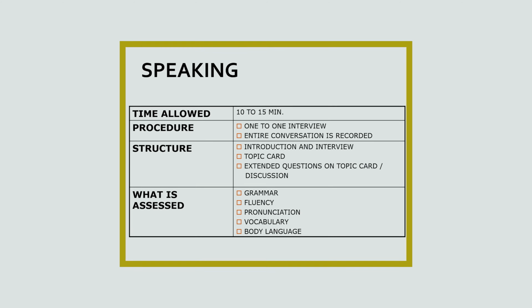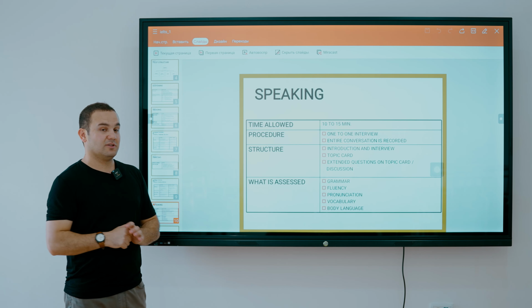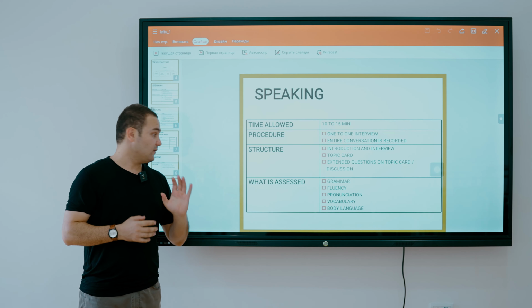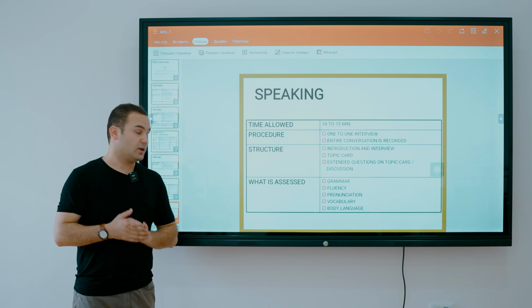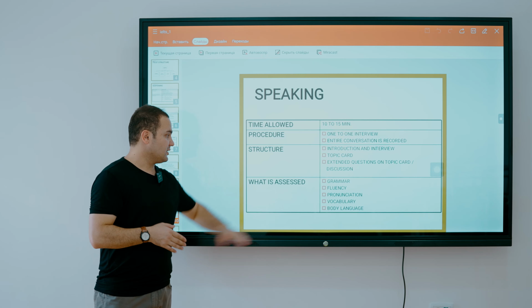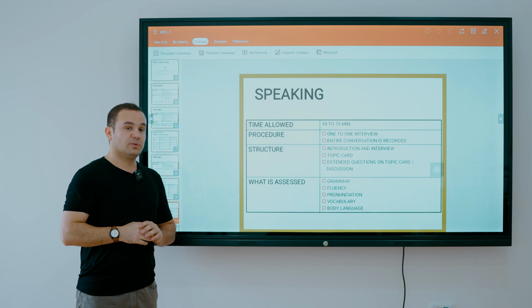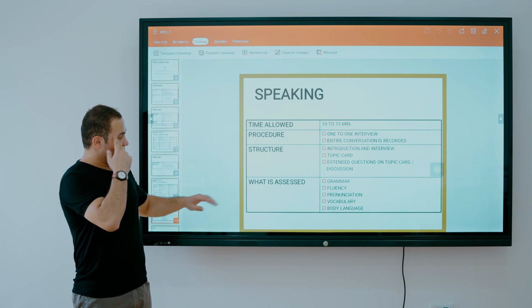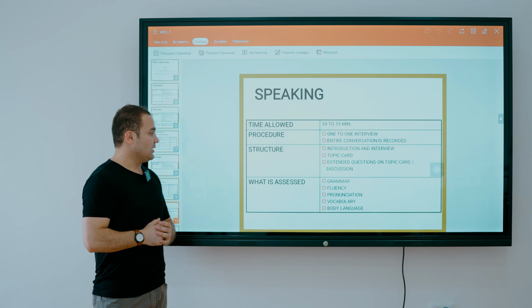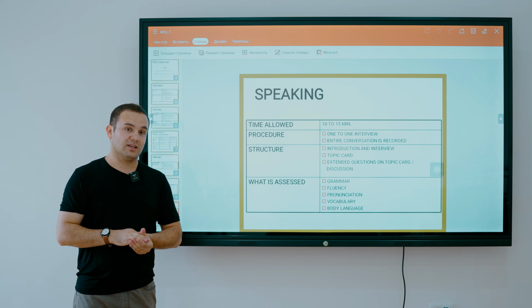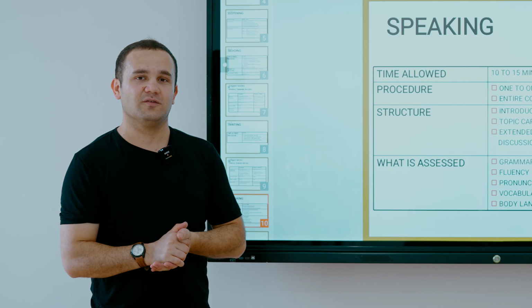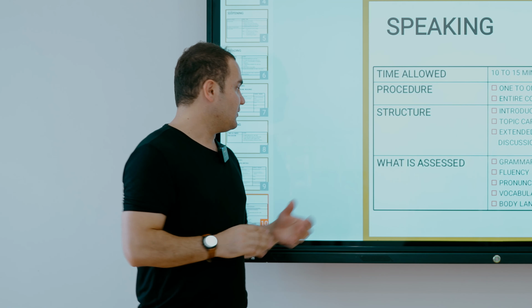Also, the assessment criteria will be the same in all 3 parts. First, grammar will be assessed. It should be 25% of the mark, and fluency, pronunciation, and vocabulary too, each 25% of the evaluation part of the IELTS test.